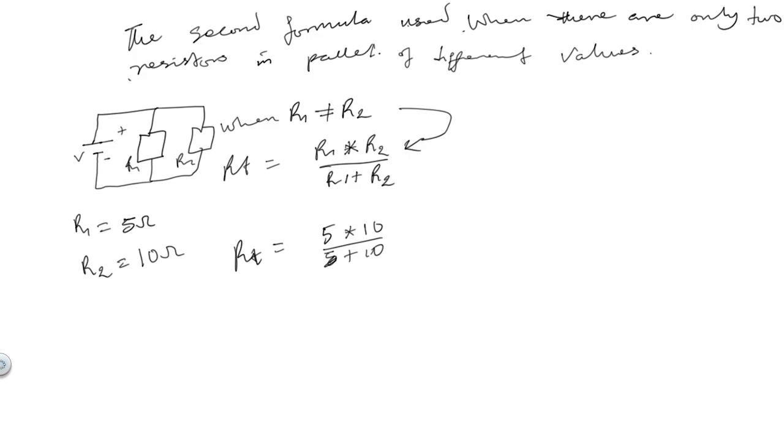So what do we have here? We would have 50 all over 15. When you divide that, you have RT is equal to 3.33 ohms. That would be our final answer.